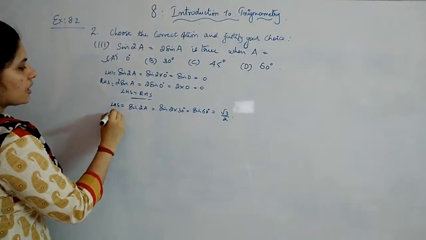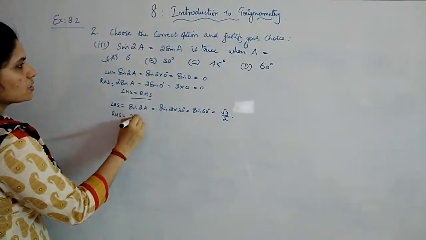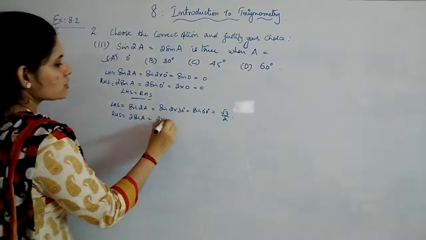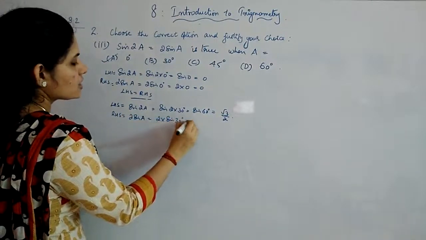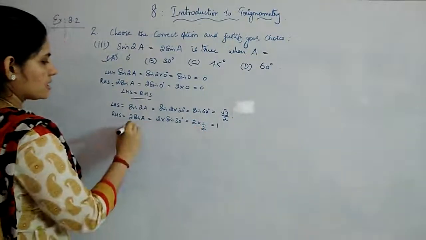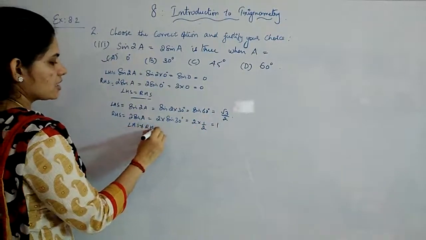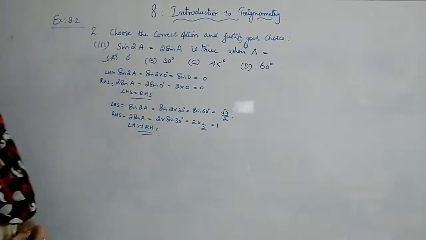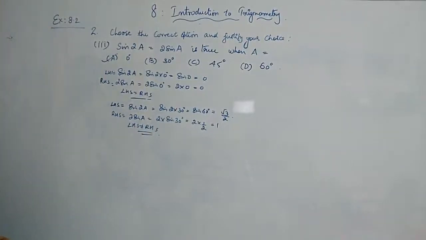Now what is RHS? RHS is 2 sine A, which is 2 into sine 30 degree. What is sine 30 degree? It is 1 by 2. So you are getting 1 here. That means LHS is not equal to RHS. Likewise, you will get for other things not equal. Therefore, the only value which satisfies this sine 2A is equal to 2 sine A is 0. Okay.